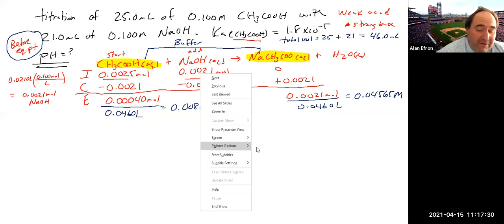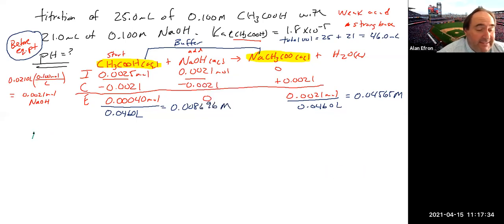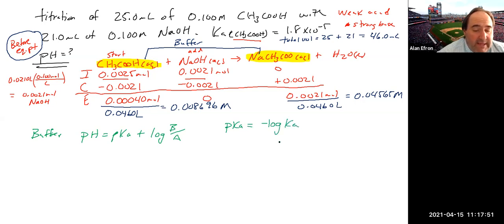Well, that leaves us now the pH, which means, hey, we have two options. Since it is a buffer, the better option might be just to go right into our Henderson-Hasselbalch equation. You, again, could do another ice table if you wanted to. I'm not going to do that. I'm going to go into the Henderson-Hasselbalch. We need to get the pKa value, which is minus the log of Ka.